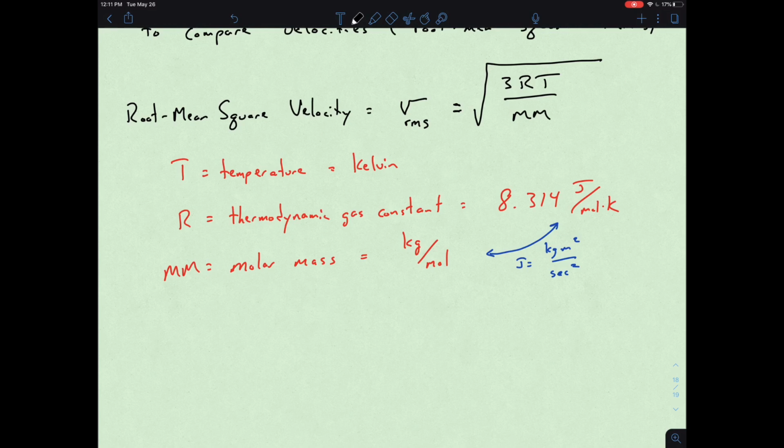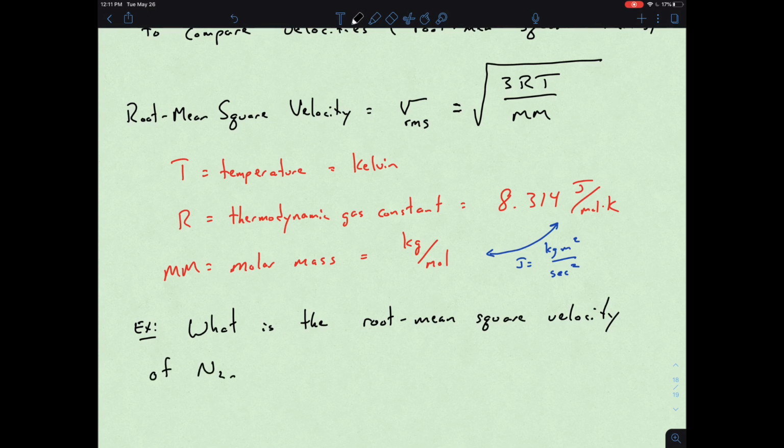Let's do an example of this. What is the root mean square velocity of nitrogen at 25 degrees Celsius in miles per hour?